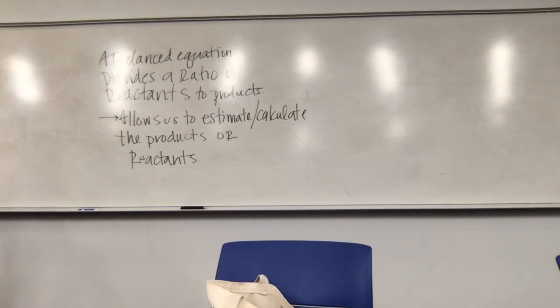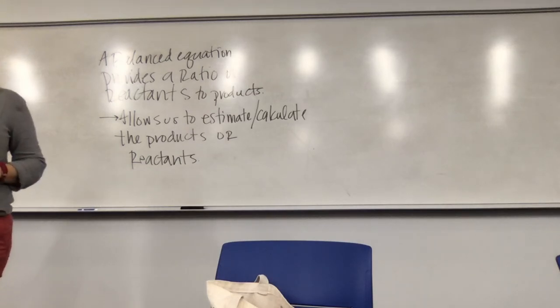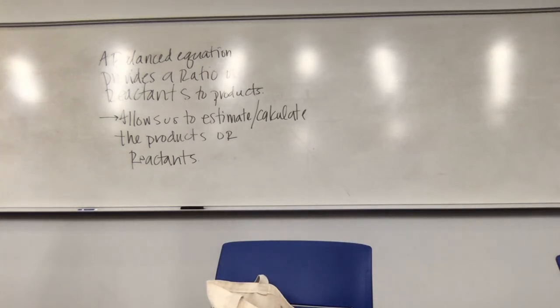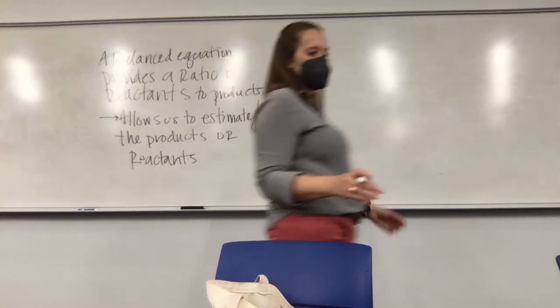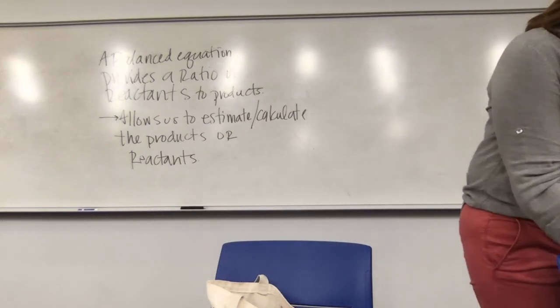So using this balanced chemical equation of 2H2 plus O2 gives you 2H2O, all gases, it says how many moles of water are produced if we start with 1.57 moles of water. Nope, oxygen, sorry.